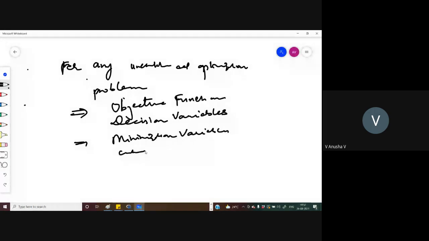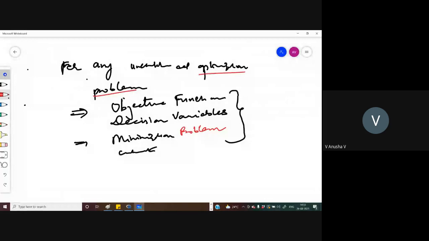Okay, so objective function, decision variables, minimization problem, then variables, constraints. These are the four components of any optimization problems.